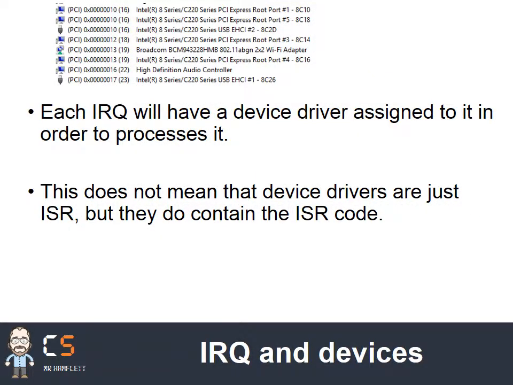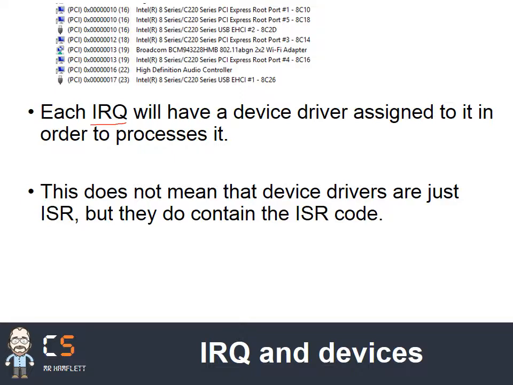Now, if you recall back to when we talked about interrupt requests, these are numbers which correspond to the flags in the register. Each one of these is assigned to a different device, and this is an example of some of those links.